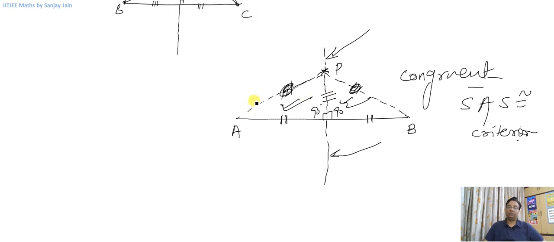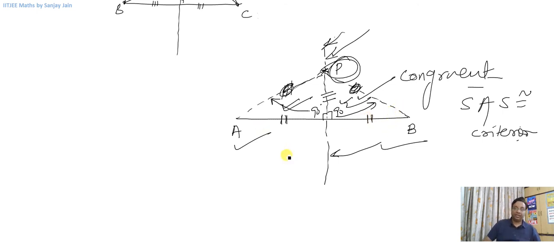Now you know that these two triangles are congruent, so corresponding parts of congruent triangles are equal to each other. So these sides opposite this right angle will be equal to each other. Hence, this point P, which is a general point lying on the perpendicular bisector, is equidistant from the two ends of this line segment AB. And this will be true for any point lying on the perpendicular bisector.